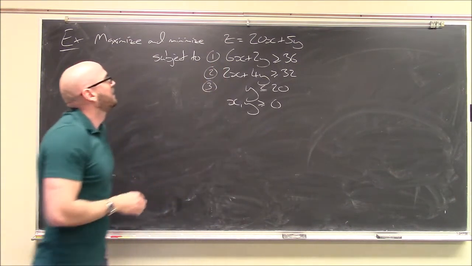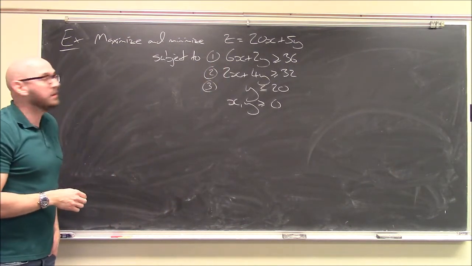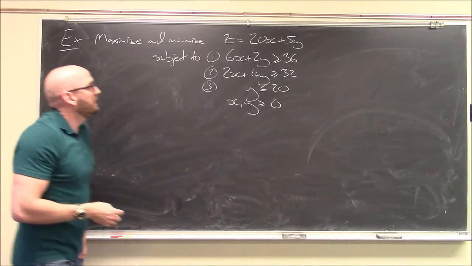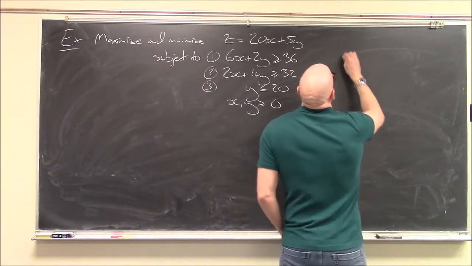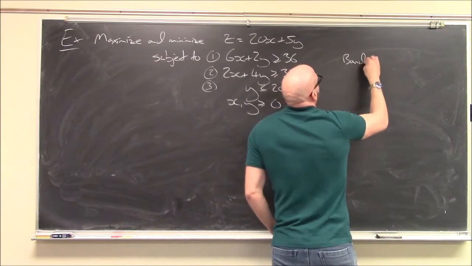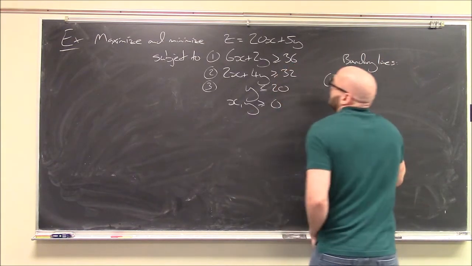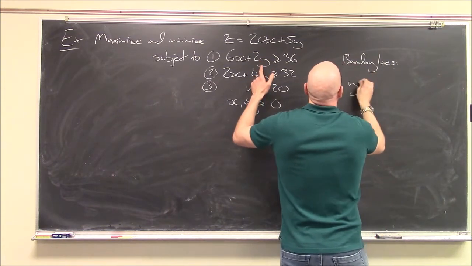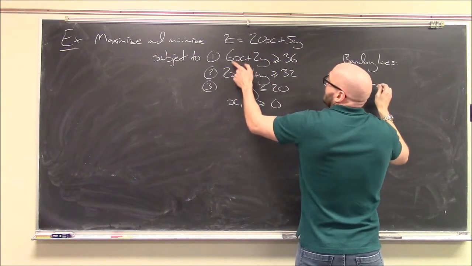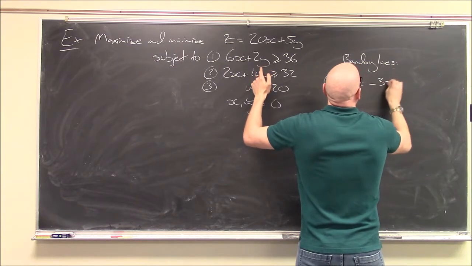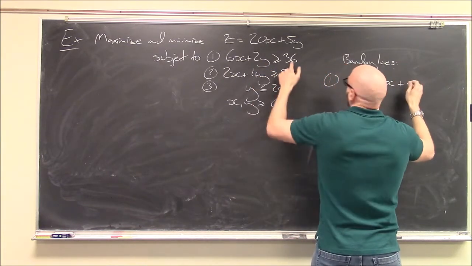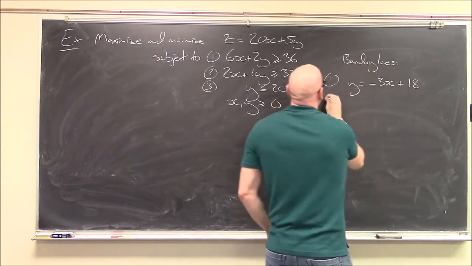So I've got three boundary lines here, 1, 2, and 3. Boundary line number 1, if I solve for y, I would get y equals minus 6x over 2, so minus 3x, plus 36 over 2 is 18.